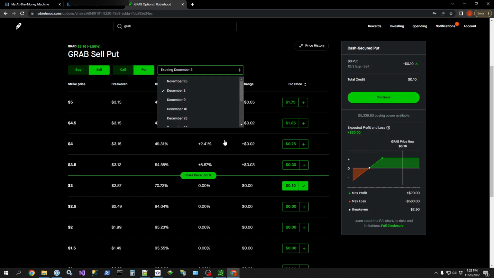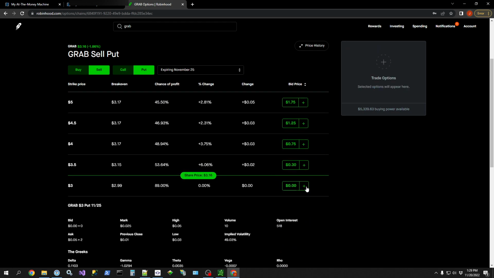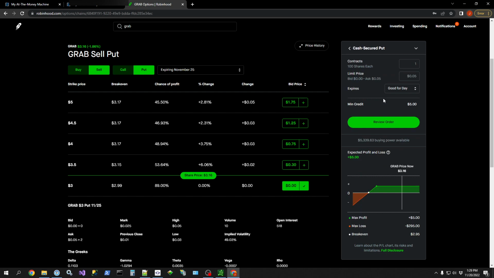Let me take this off. Let me go back to here. Put this in. See? It is doing the nickel thing. That's what's going on. This one probably will not execute, but I'm going to try it, and we'll see if it executes. It can only trade at 0 or a nickel or 10 cents.